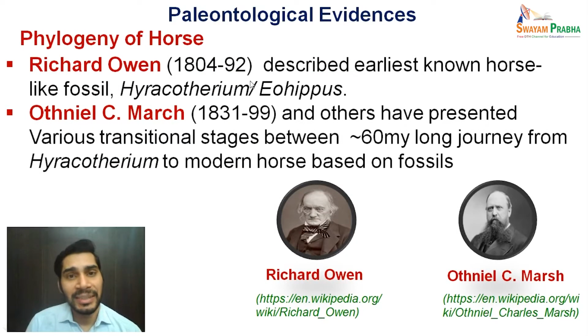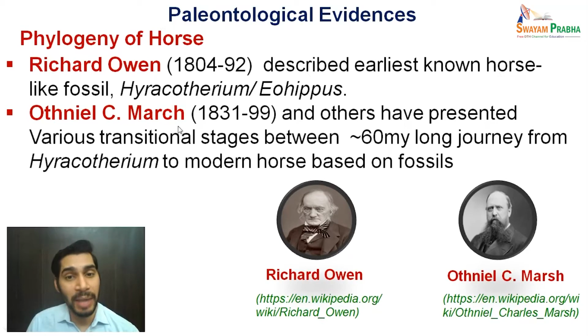Besides these missing links, the phylogeny or the evolutionary history of a particular organism which has been revealed through various fossil forms also presents strong evidence of evolution. For example, the phylogeny of the horse. Richard Owen described the earliest known horse fossil, which is also called Hyracotherium or Eohippus.